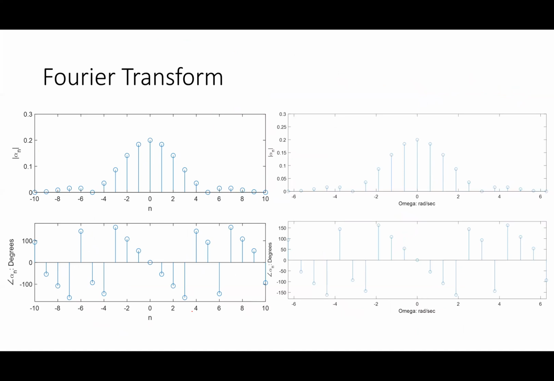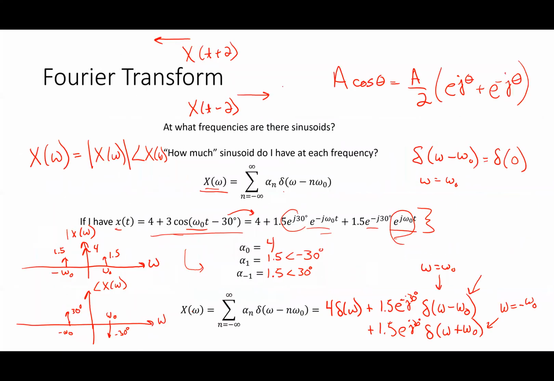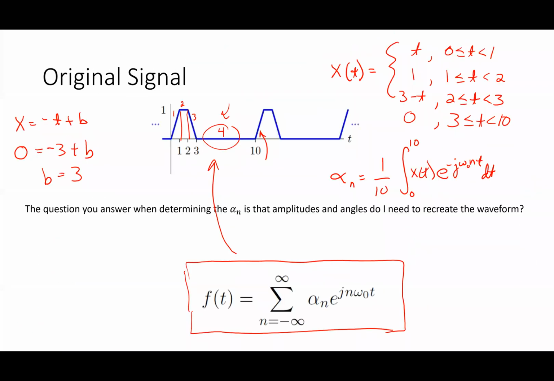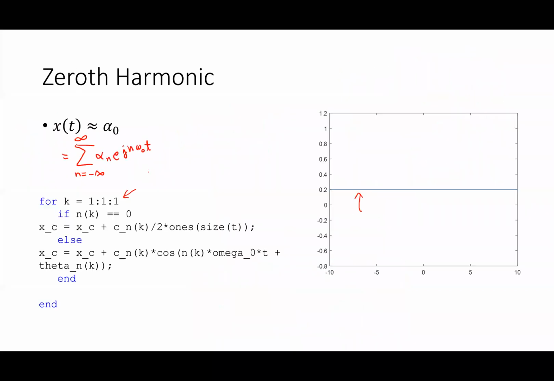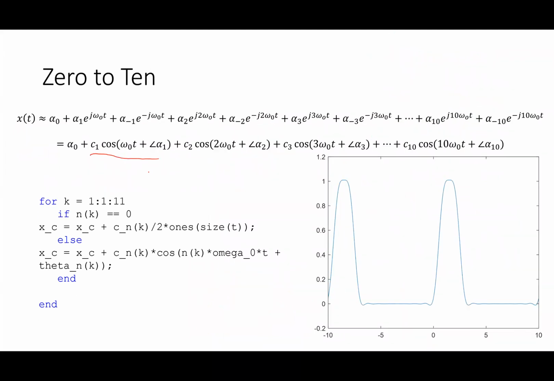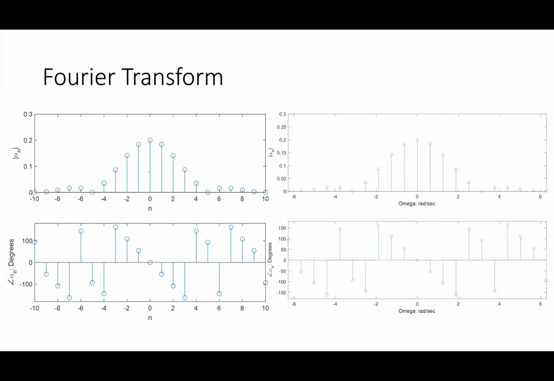I plotted it 2 different ways. So I did this for this waveform. For this guy right here, I basically did the Fourier transform of that thing. If you notice, I plotted it 2 different ways just so you guys could understand a little bit more easily. I always have 2 plots.